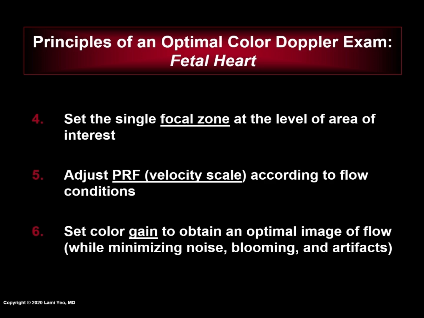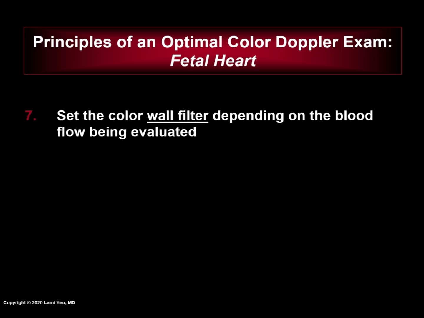Next, set the color gain to obtain an optimal image of flow while minimizing noise, blooming, and artifacts. Next, set the color wall filter depending on the blood flow being evaluated. A low color filter should be used to evaluate the systemic and pulmonary veins, while a high filter is used to evaluate the great vessels and flow across the atrioventricular valves.